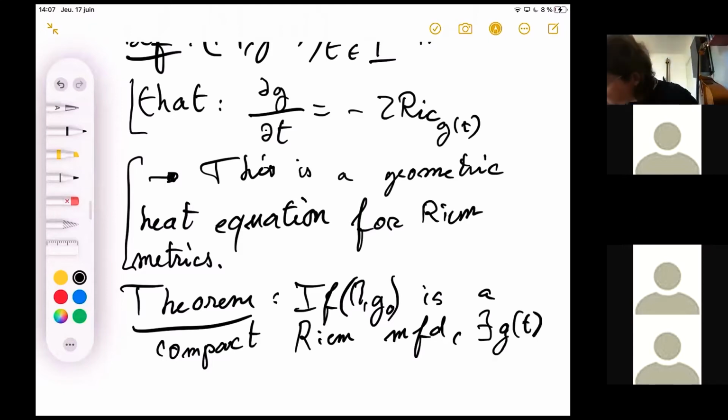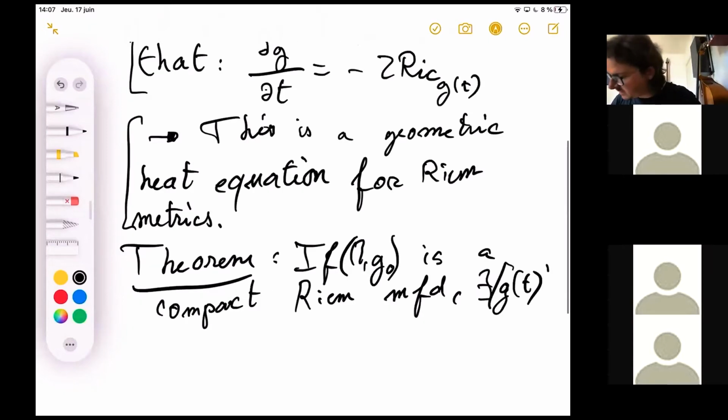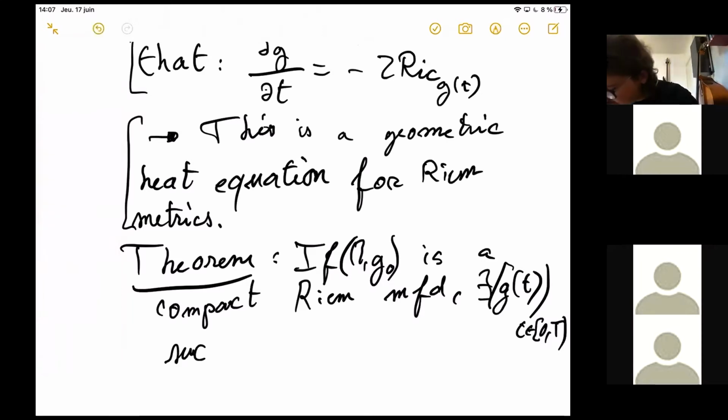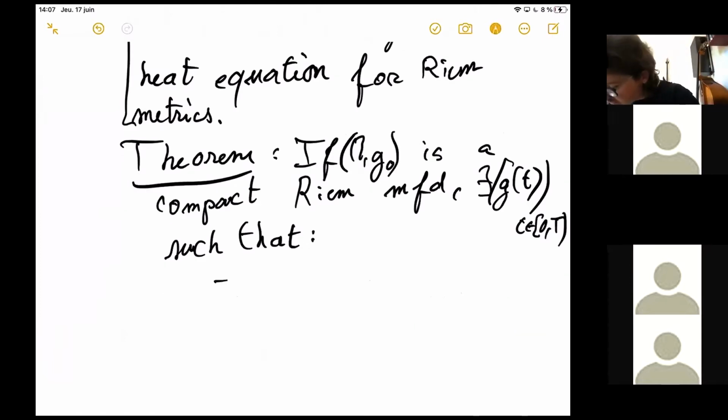Then there exists g(t), a family of metrics, for t in some half-open interval, such that basically the Cauchy problem has a unique solution. First, at the initial time, we have g0, and the equation is true.